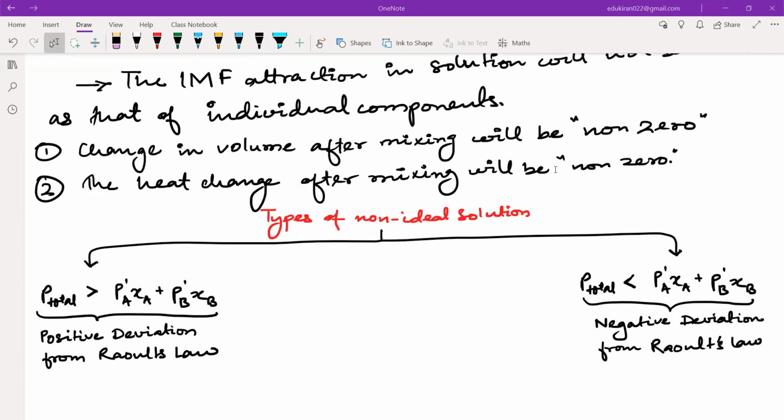What is this value, P total? Is it experimental or calculated? Hania, what do you think? Experimental. Okay. Khalid, what do you think? Now raise your hand if you think this is experimental.